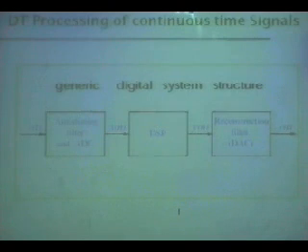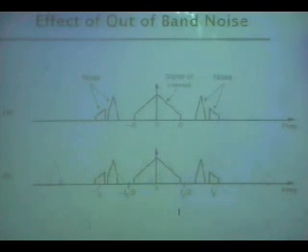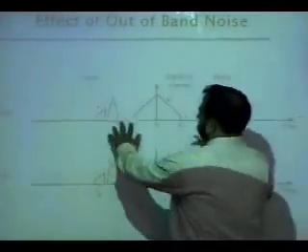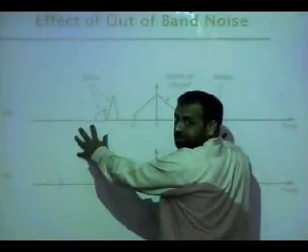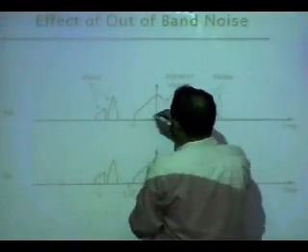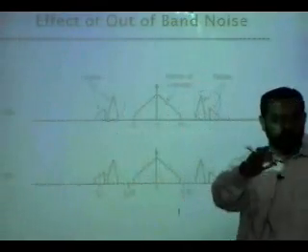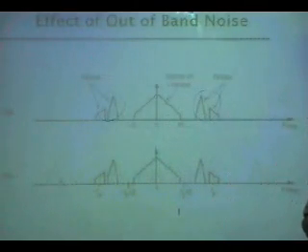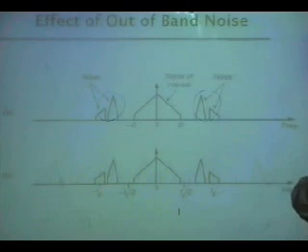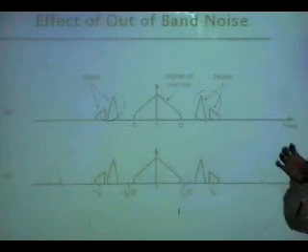And I'll not start this, but remember I was talking to you about the out of band noise that will corrupt. If you don't make sure that your spectrum is clean and there is some noise coming from the analog part. Analog parts are not that perfect, so they have not cleaned the other channel noise.